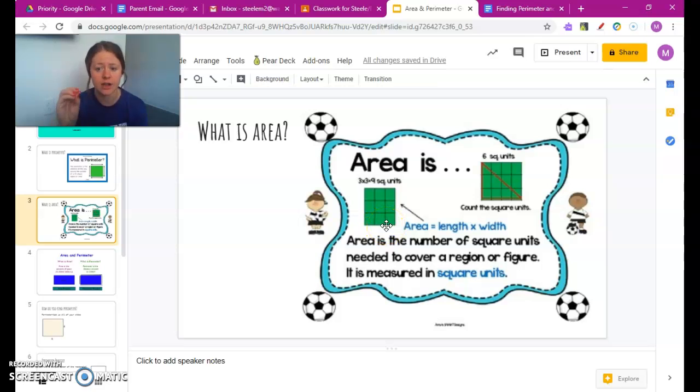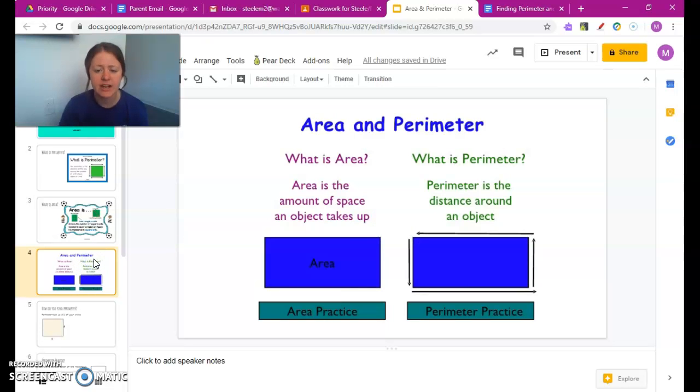Area is what it covers, so this is the inside. For this example, the first one is a 3x3. To find area, like it says here, you need to do your length times your width. Once you find your length and your width, you just multiply the two numbers together and you've found your area.